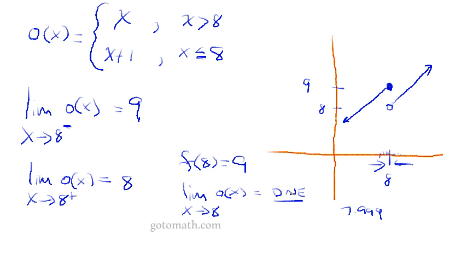The limit does not exist. So this limit must exist, and also this number must be equal to this number here in order for it to be continuous at 8. And this guy right here is what fails. So we got a couple things in here. We got the left-handed limit, right-handed limit, and continuity.